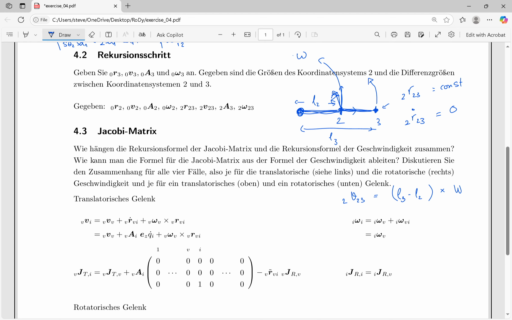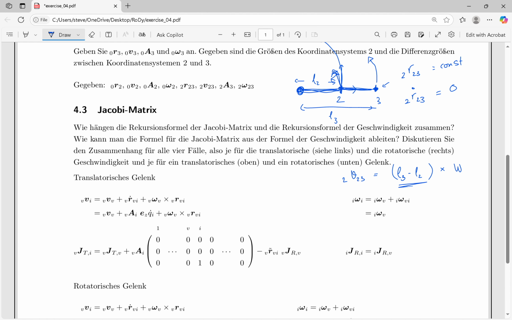But in this case, it's just like the omega. And this one is nothing different than R32 written in 2's coordinate frame multiplied by the rotation velocity of 2 in 2's coordinate frame. And it comes out to be non-zero.